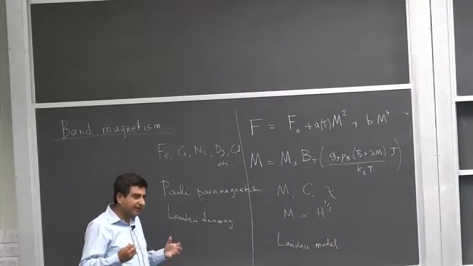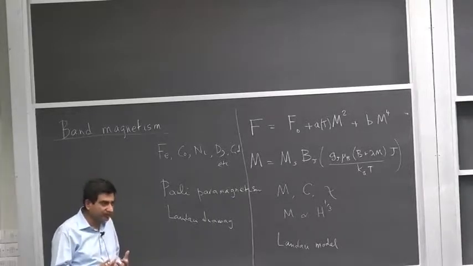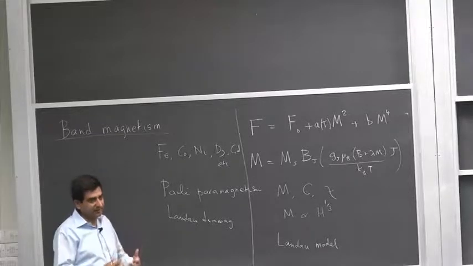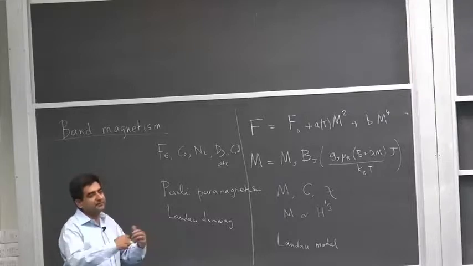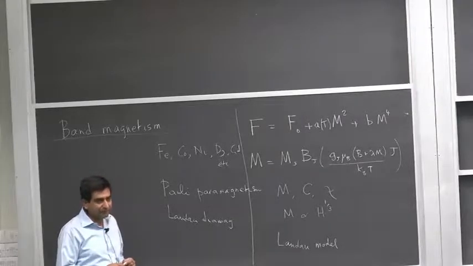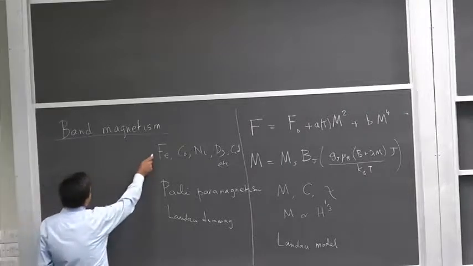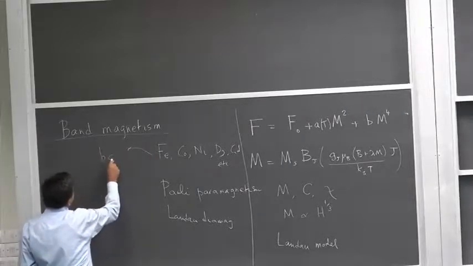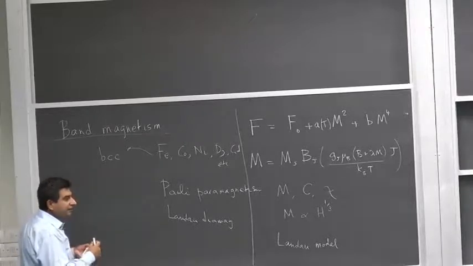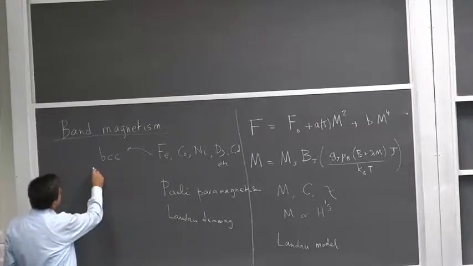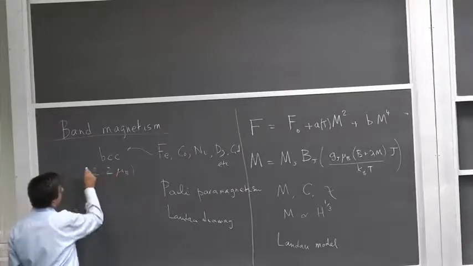And when atoms inside a metal come close together, they form metallic bonds and a band structure is made. So electrons belonging to those bands, what kind of magnetism do they produce? Now, if you look at iron, for example, BCC iron, the magnetization per formula unit is 2.2 Bohr magnetons.